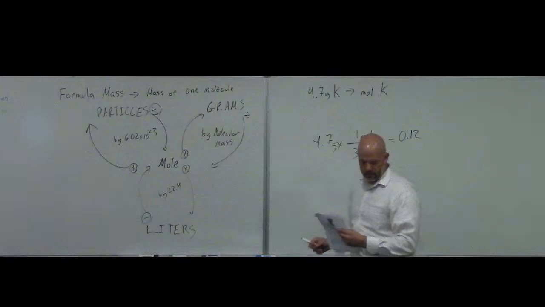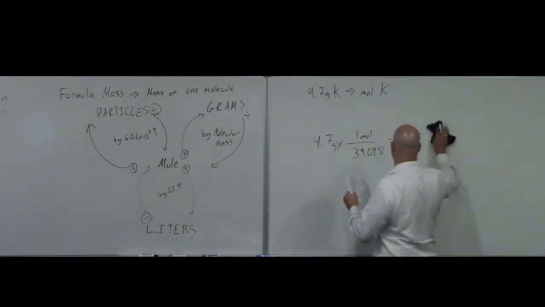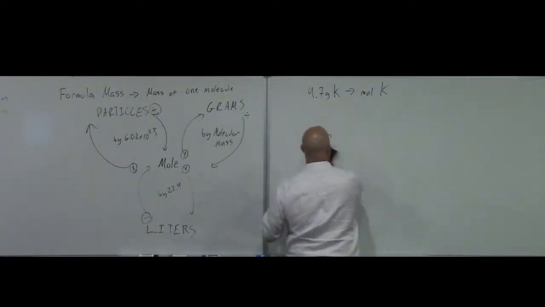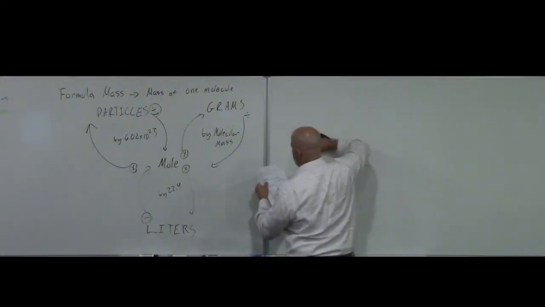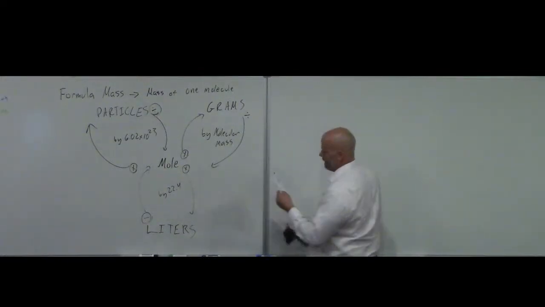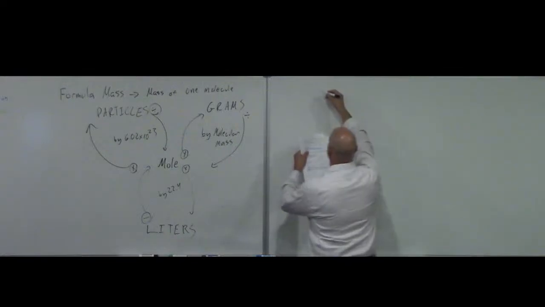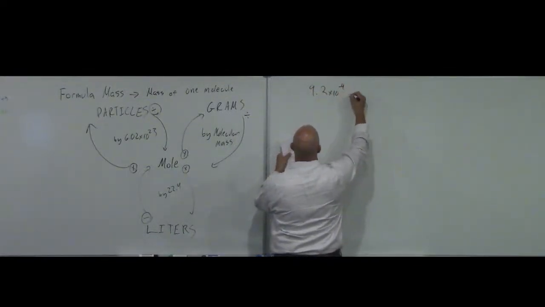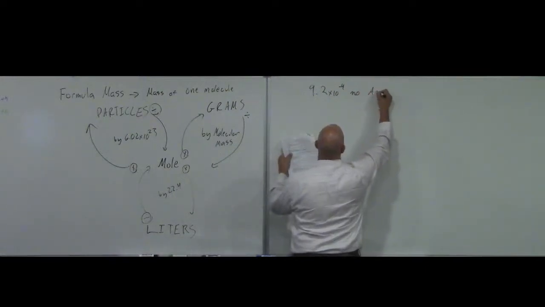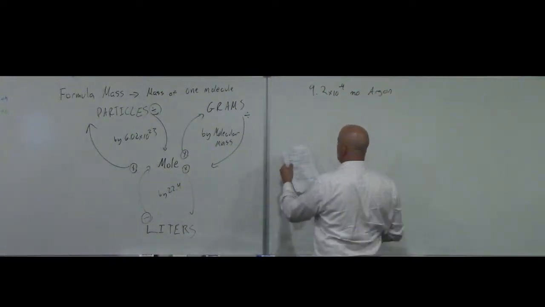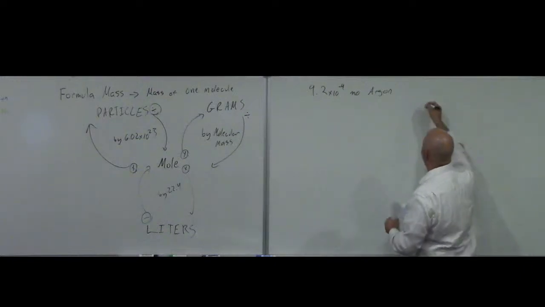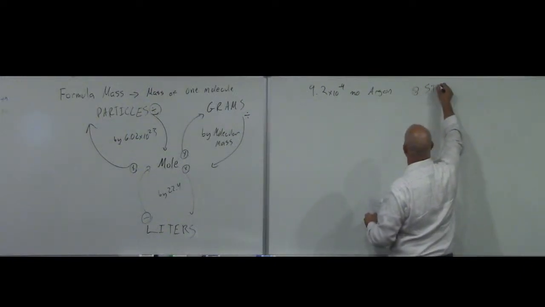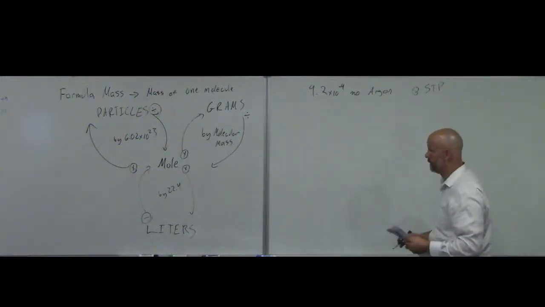Okay, so this next problem says a liter of air contains 9.2 times 10 to the negative 4th moles of argon. We're going to say at STP, by the way. We're going to do a double whammy out of this problem.